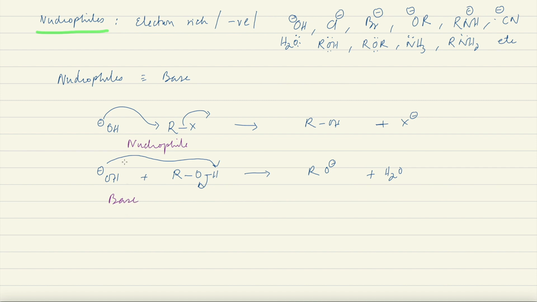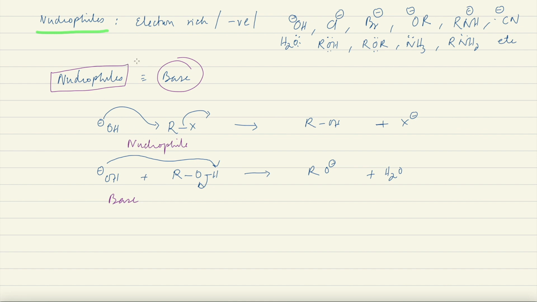So in general, we can say that all nucleophiles are bases if they accept a hydrogen ion. That means they will pick up a hydrogen ion from any acid. But if they interact with an electron deficient carbon, that is an electrophilic center, then it behaves as a nucleophile.